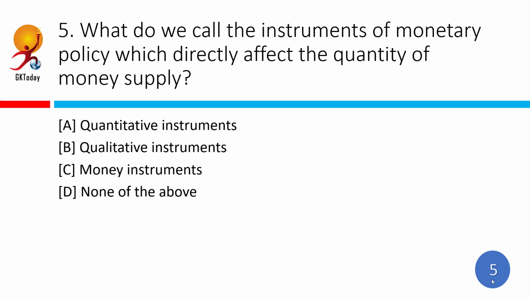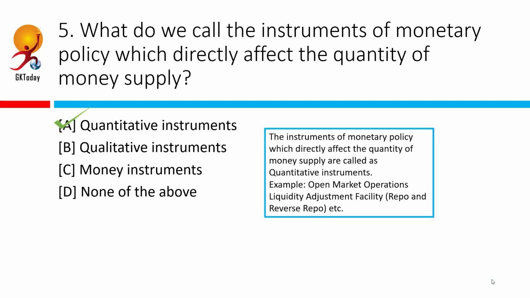What do we call the instruments of monetary policy which directly affect the quantity of money supply? The correct answer is quantitative instruments. Quantitative instruments are those that directly affect the money supply in the economy. The other is the qualitative instrument which have a more indirect impact. So what all comes under quantitative instruments?